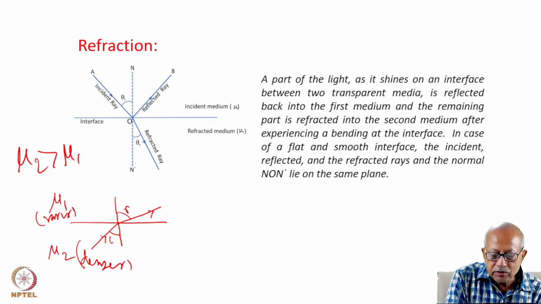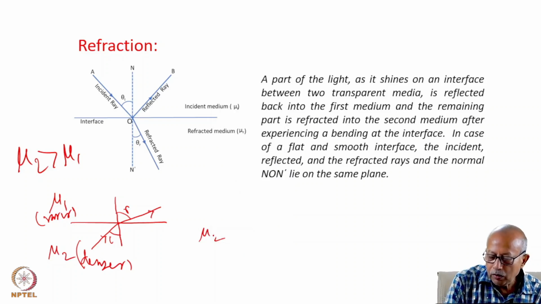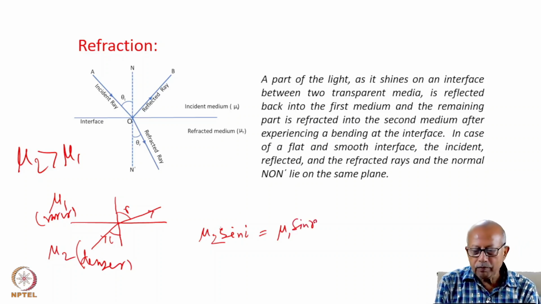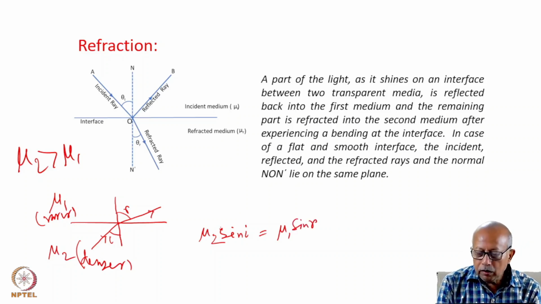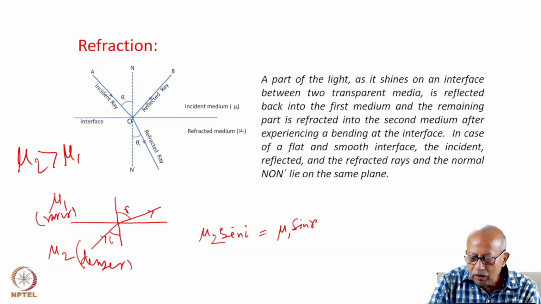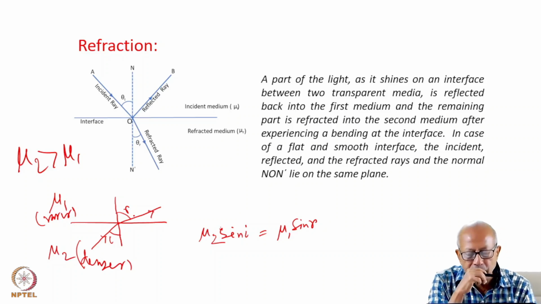Now Snell's law says that mu2 sin I is equal to mu1 sin R. So that means the refractive index times the sine of the incidence angle must be equal to the refractive index of the second medium times the sine of the angle of refraction.